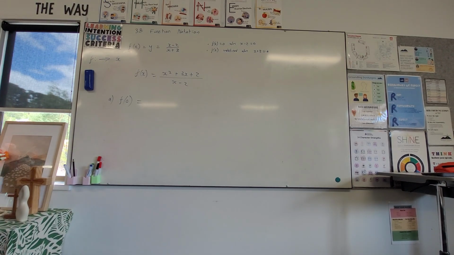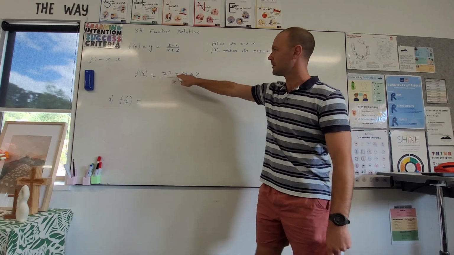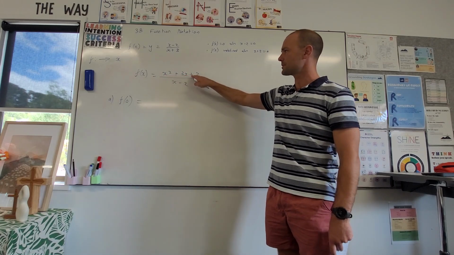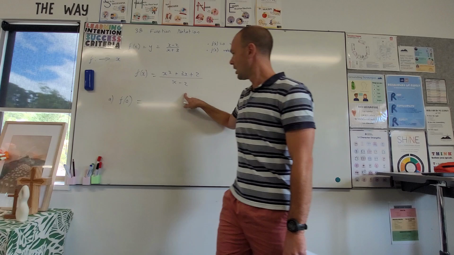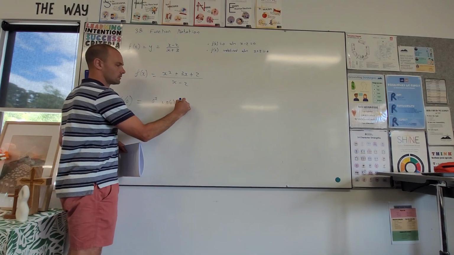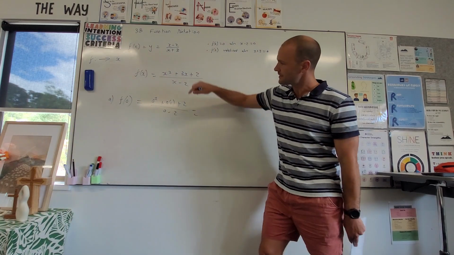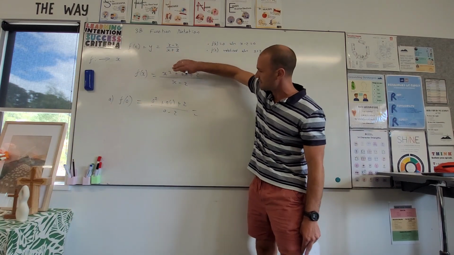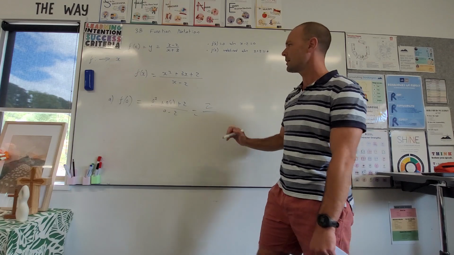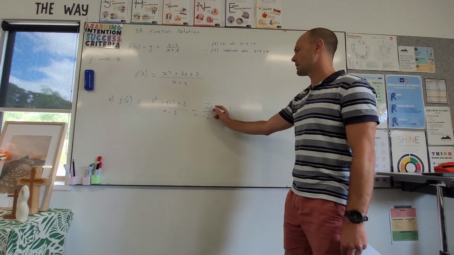So everywhere there's an x, we're going to put 0. So we're going to have 0 squared plus 3 times 0 plus 2 divided by 0 take 2. I'm going to write all of that out, but you can just envisage everything with an x, that's 0. So at the top we're left with 2, and at the bottom we're going to be left with minus 2. So that simplifies to minus 1.